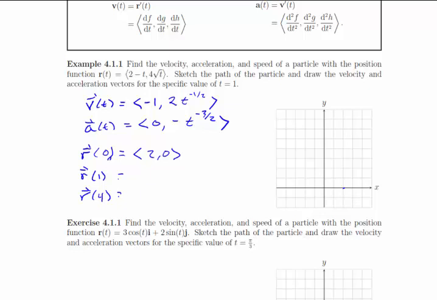And I'm doing this because it's a square root function, so I'm just picking values for t that I can take the square root of easily. So we have this is 1 comma 4, and this is negative 2 comma 8, negative 2 comma 1.